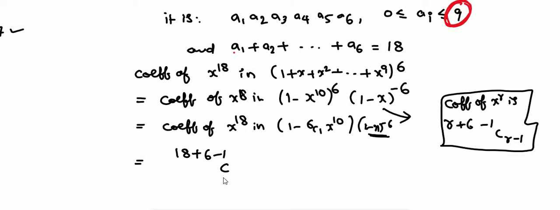For that, (6 plus 8 minus 1)c8, which is 13c8, that is nothing but 13c5.